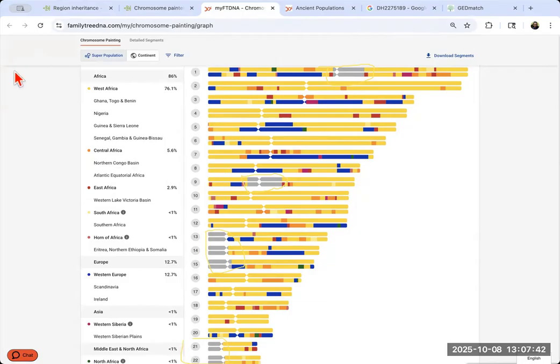All right. Now, there's one thing that is also going to stand out, this less than 1% Asia. And if I can remember correctly, when I looked at this person, it's on chromosome 8.